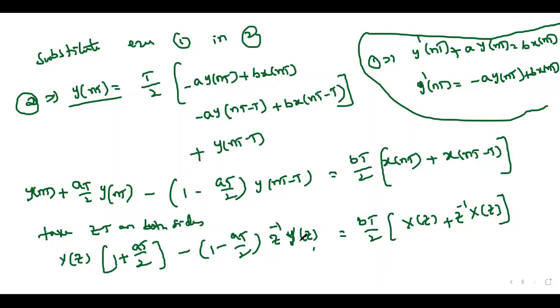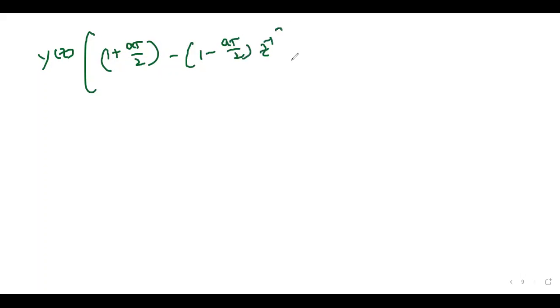See, now I will take y of z common because I want y of z by x of z. So I will take y of z common from the left side. Then it will be 1 minus aT by 2 into z inverse, sorry, it's not plus, minus, is equal to this side.